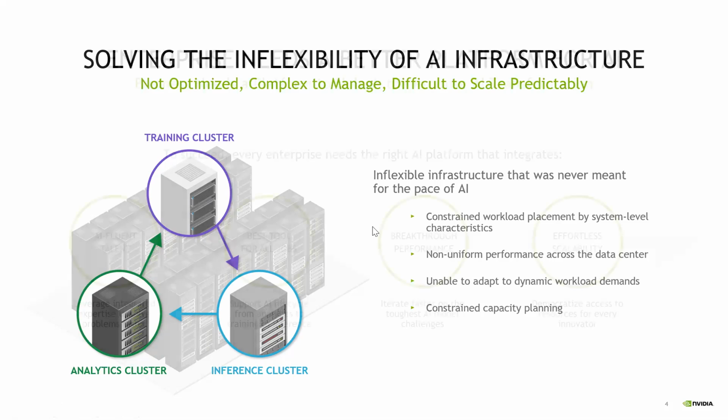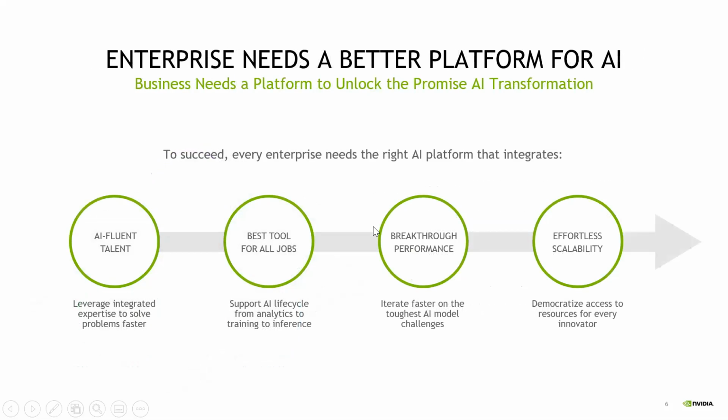But now, with the help of the A100, we break through all of those things. We leverage integrated expertise to solve problems faster with the performance benefits that we are getting. To support the AI lifecycle from analytics to training to inference, we have the best tools for all the jobs.